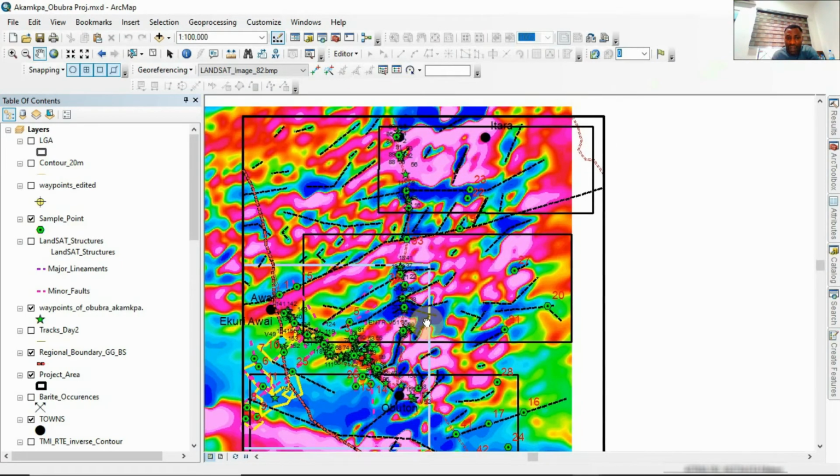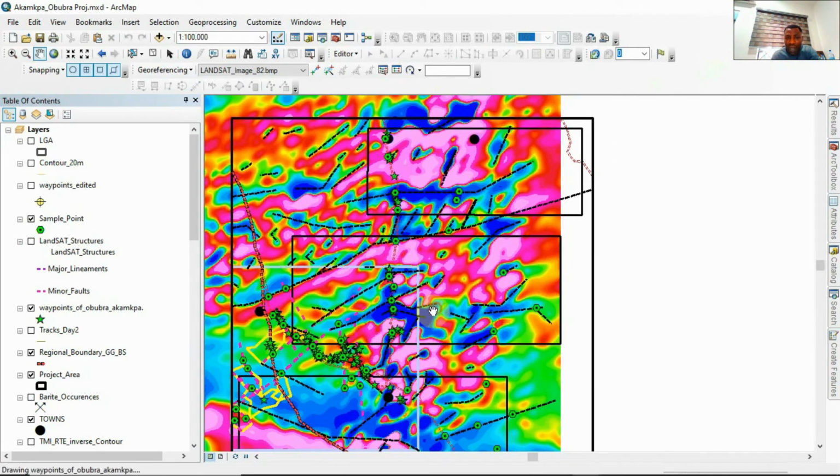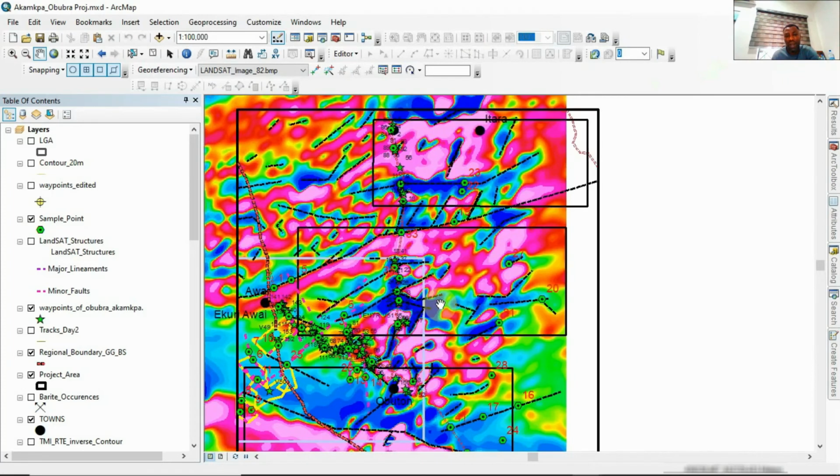Okay, if we look at this, we can see this is a live project going on. When we're talking about mappable rock units or magnetic rock units, let's look mainly at this region. You can see there are clear expressions which have been identified here.